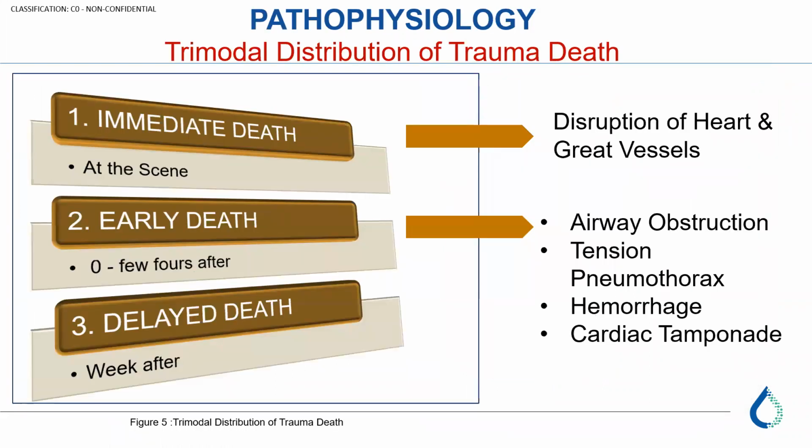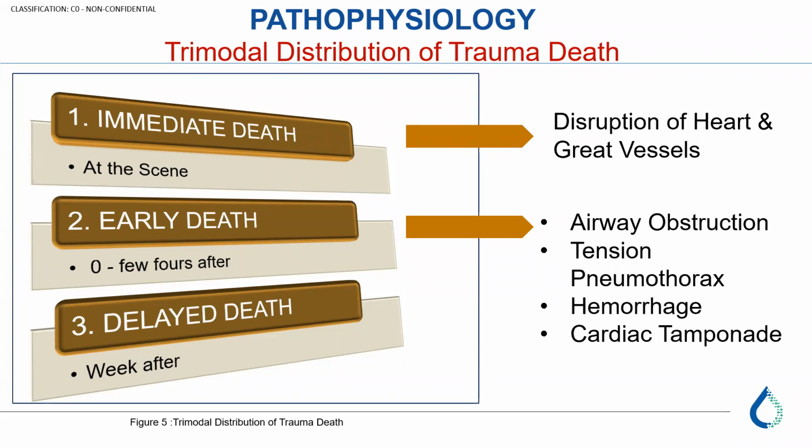The trimodal distribution of trauma death. I believe one question was asked related to it. There are 3 deaths related to thoracic trauma: the immediate death, the early death, and the delayed death. The immediate death usually happens at the scene. What are the causes? Disruption of the heart and great vessels.